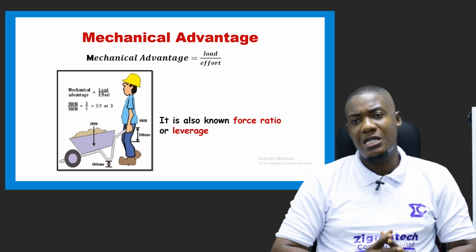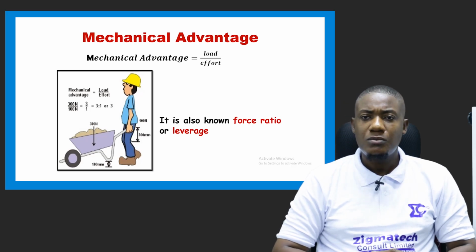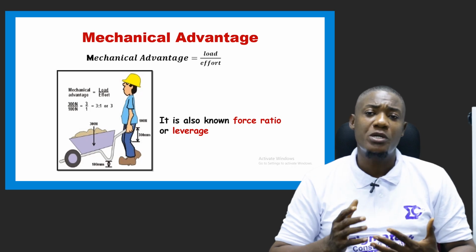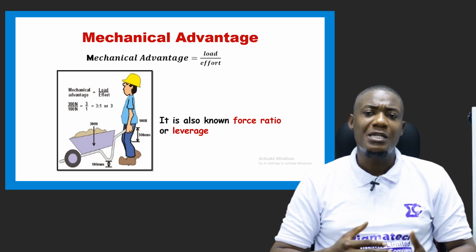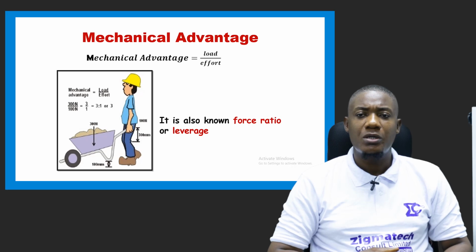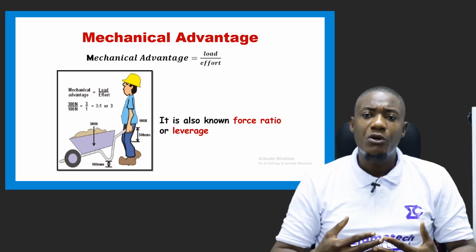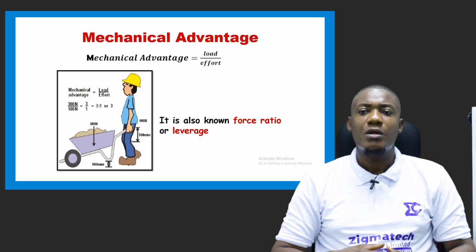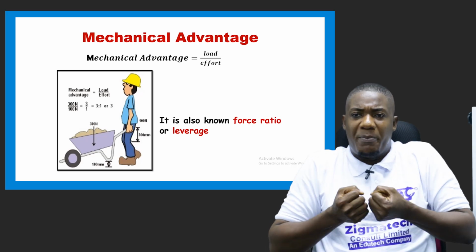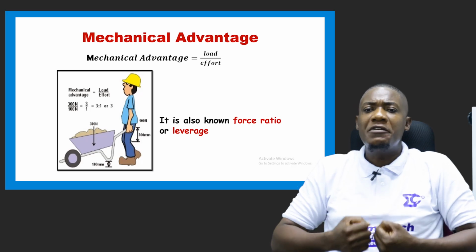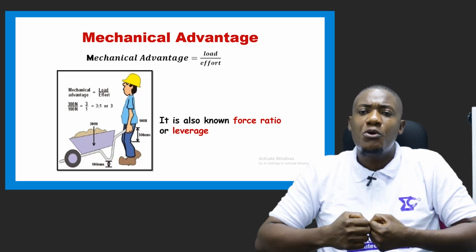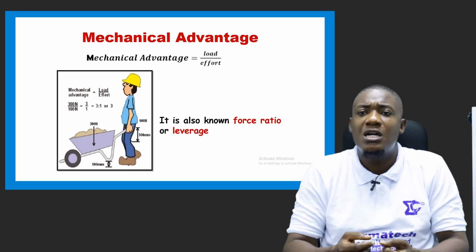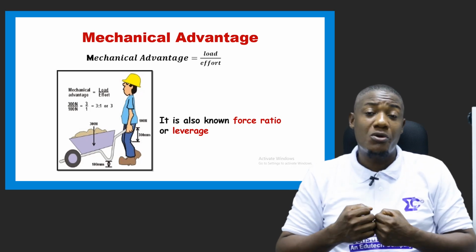Look at this, for example. This man is carrying a load in a wheelbarrow, and the load in that wheelbarrow is equal to 300 newtons. And the effort the man has applied to lift a load of 300 newtons from where he is to a distance is just 100 newtons.